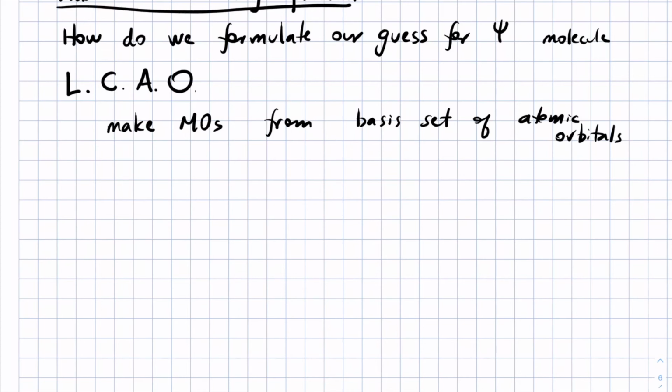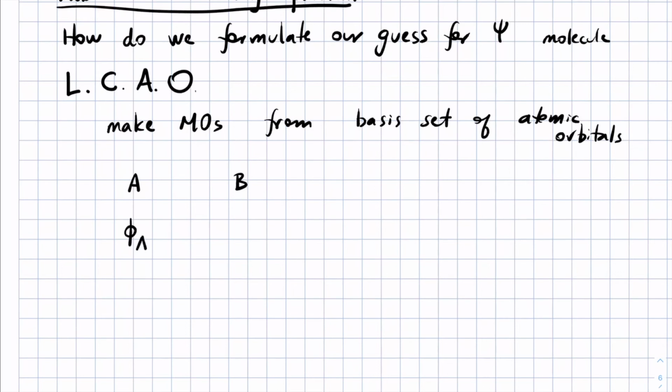So let's just imagine we've got atom A, and we won't even say what atom A is, and atom B, and they each have an electron, and we want to combine atom A and B together to make a molecule. And let's just keep it simple now. Let's just have one orbital on each.